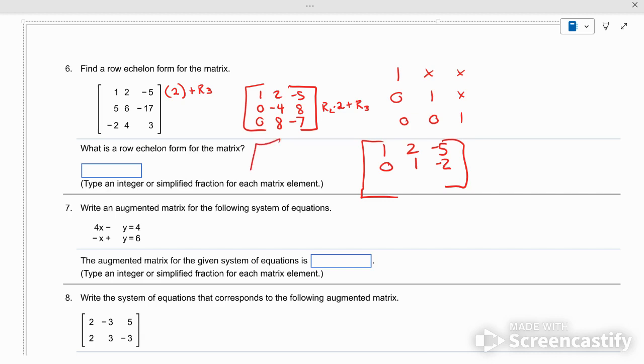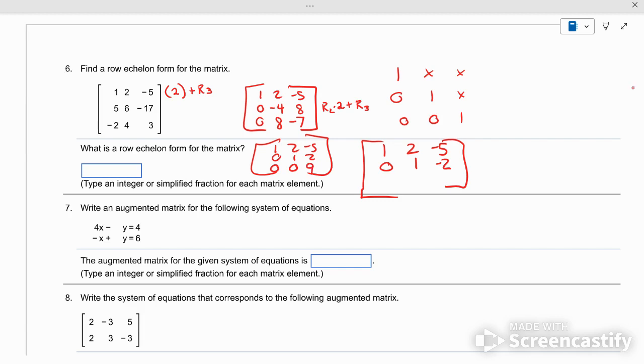So I got to make another one really quick here. 1, 2, -5. And then 0, 1, -2. All right, so I take row 2 times 2. I'm going to get 0, and I'm going to get 0. And then row 2 times 2 is 16. 16 plus negative 7 is 9.